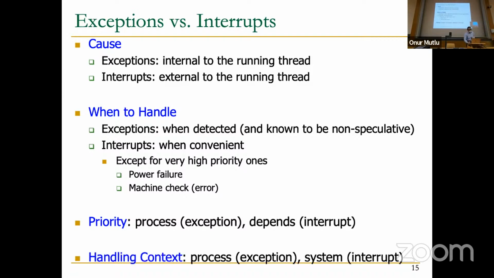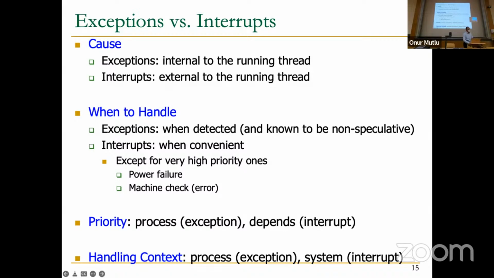Okay, so think about that a little bit. And I think the handling context is very similar to the priority in the end. Okay, but priority also depends. The priority of the interrupt can be very high or very low. But be careful of the interrupt latency. For example, the machine check interrupt and power failure are very high priority interrupts because the system needs to deal with it right away.